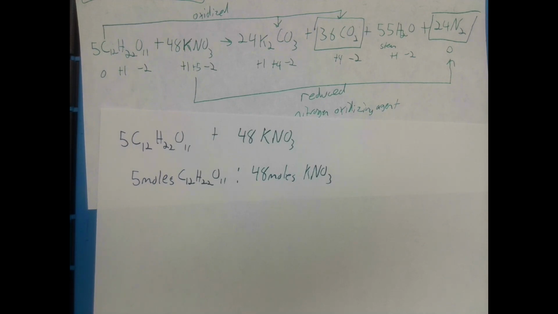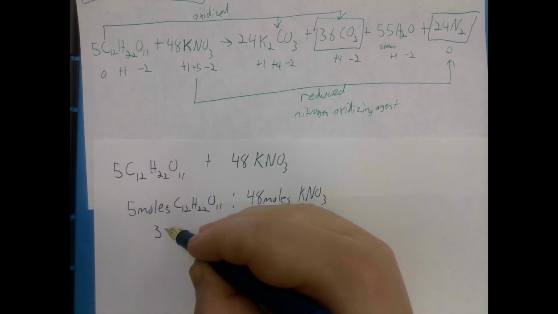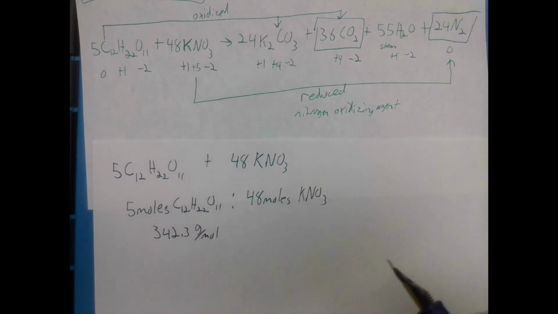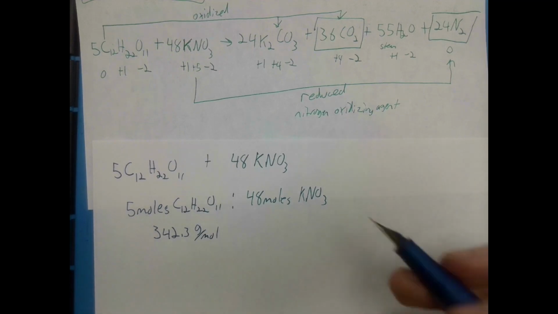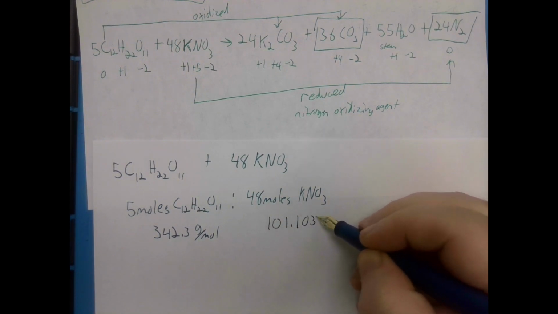But we're not going to sit there and count molecules. Instead, we're going to weigh it out in grams, or you would if you make it at the house. So what is the molar mass of sucrose? We haven't done it before, but I'm just Googling it real quick because we're running out of time. 342.3 grams per mole. And for potassium nitrate, it's 101.1032 grams per mole.